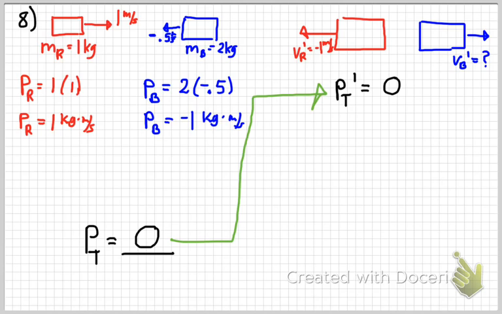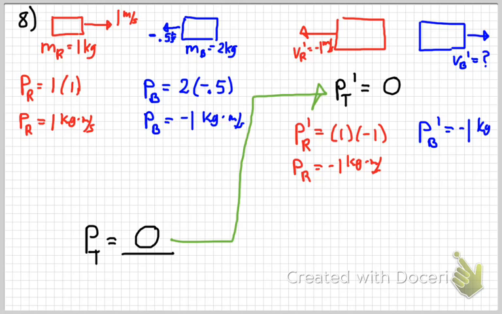So our strategy now is to recognize that they have to add up to 0 after the collision, and so we need to figure out the momentum of the red car after the collision. After the collision, the red car has a momentum of negative 1 kilogram meters per second. Since they have to add up to 0, that means that the momentum of the blue car is negative 1 kilogram meter per second. Now all I got to do is finish the problem off by finding the velocity of the blue car.